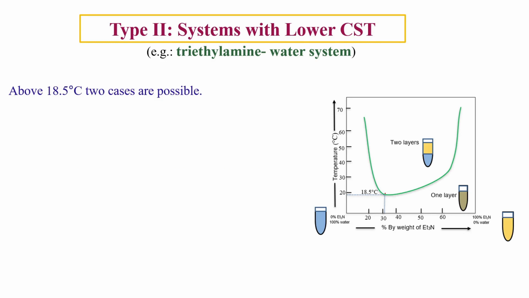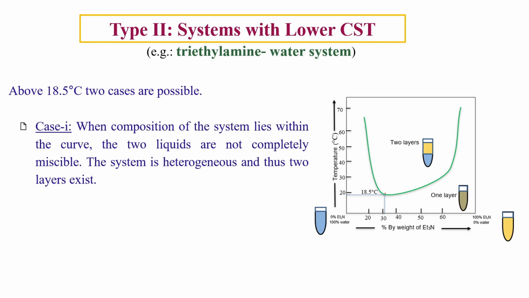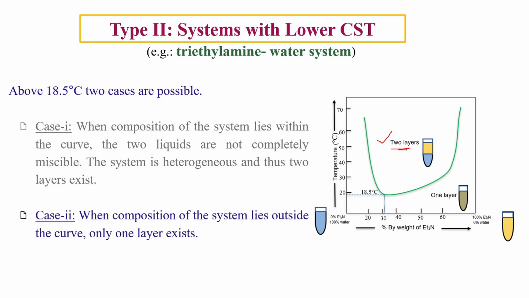Above 18.5 degrees centigrade, two cases are possible. When the composition of the system lies within this curve, the two liquids are not completely miscible and the system is heterogeneous, and thus two layers exist. When the composition of the system lies outside of the curve, only one single layer exists.